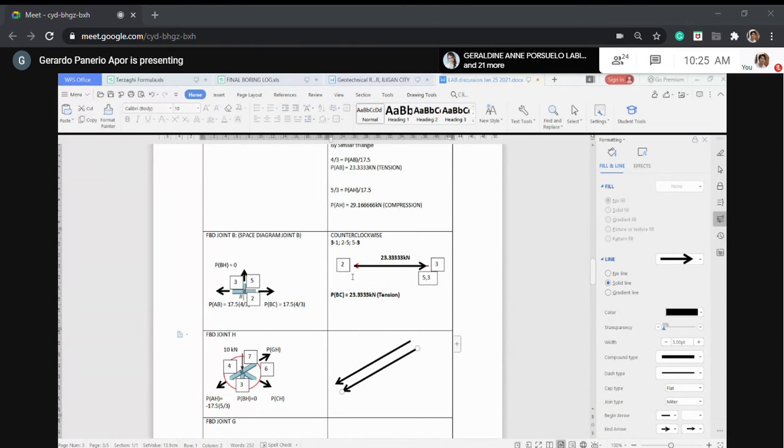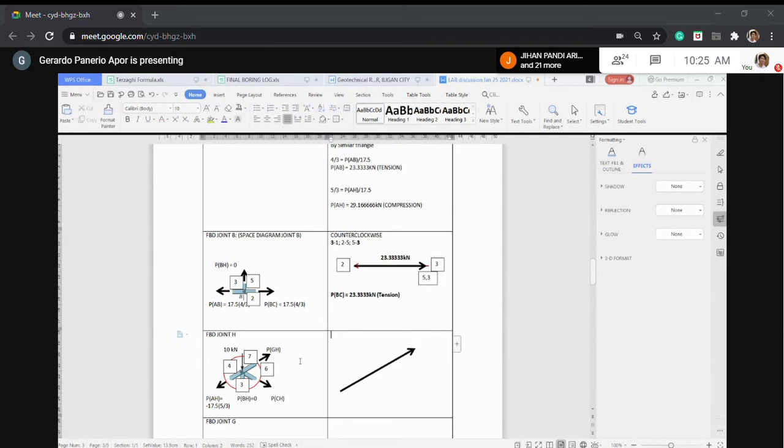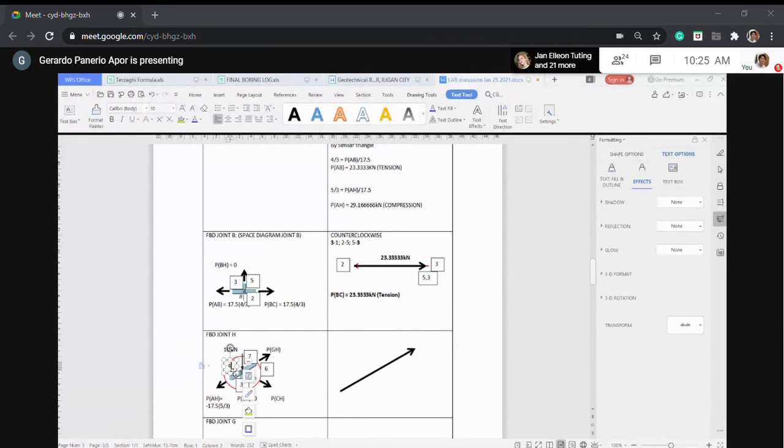Copy and paste. But the problem is, since that is directed into that point, basically this is what we call 4 to 3. No, 4 to 3. I will mimic the direction. Okay. So this one will be, boom, 4 to 3.